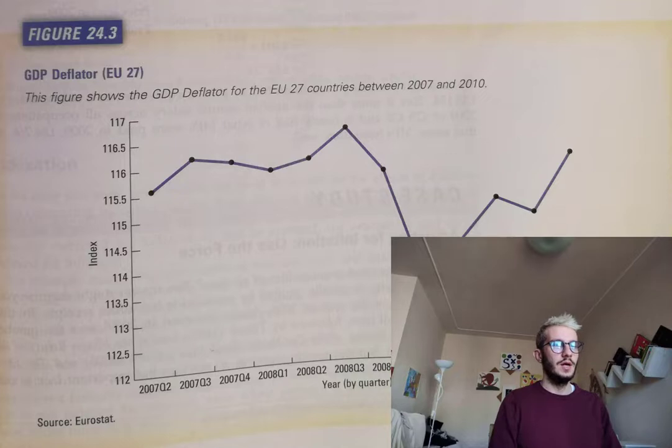Then it went down drastically with the financial crisis, the Lehman Brothers fall, from quarter 3 2008 to quarter 1 2009, and then it went back up from 2009 quarter 1 to 2010 quarter 1. So the GDP deflator is a measure of inflation as well.